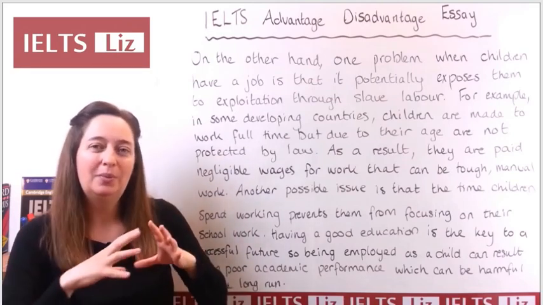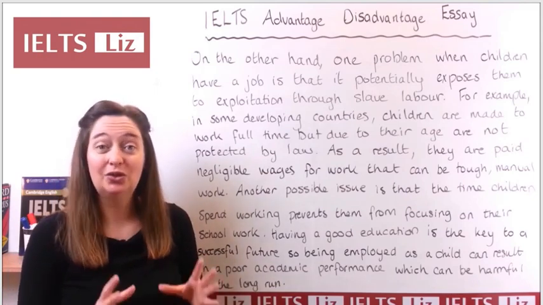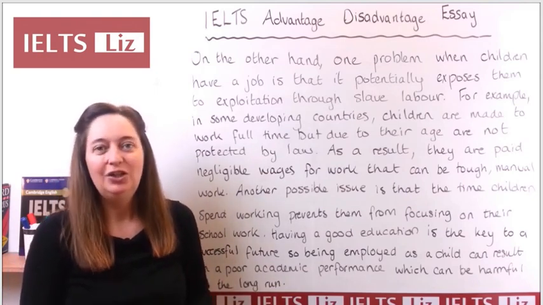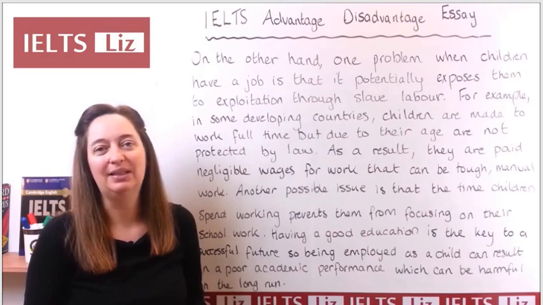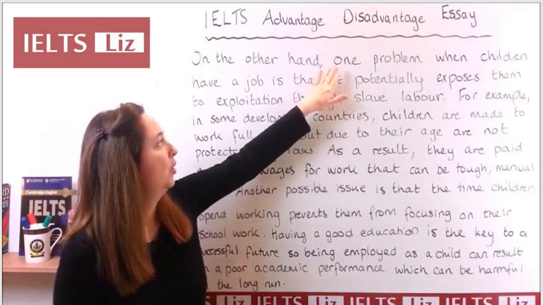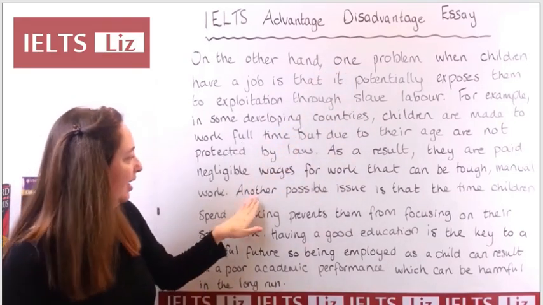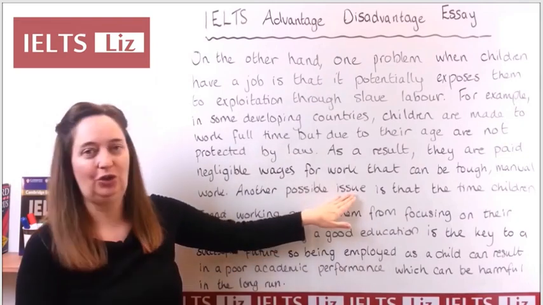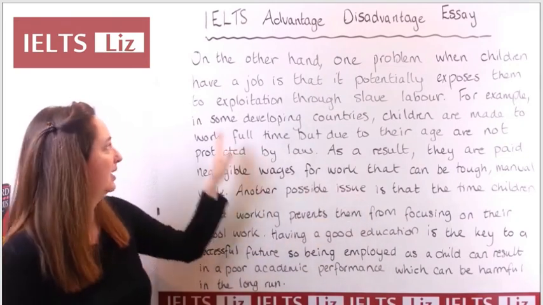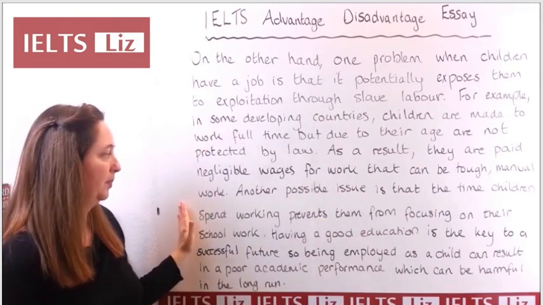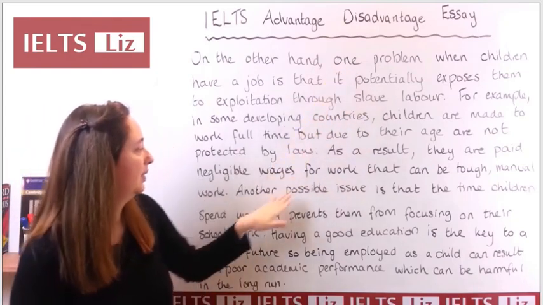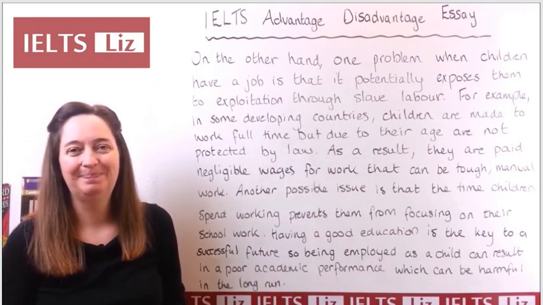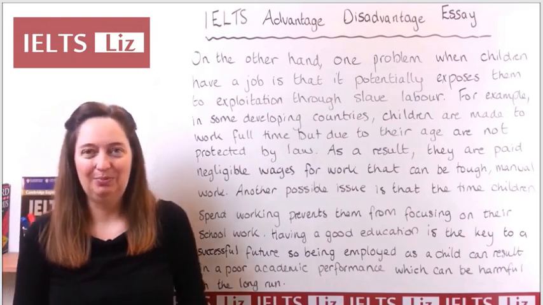And of course, when you come to the disadvantages, you shouldn't use the same technique. You have to show flexibility. So what we've got is one problem, another possible issue. And this way the examiner can see that we do have two problems, but we are introducing them in a different way. So that is the second body paragraph.